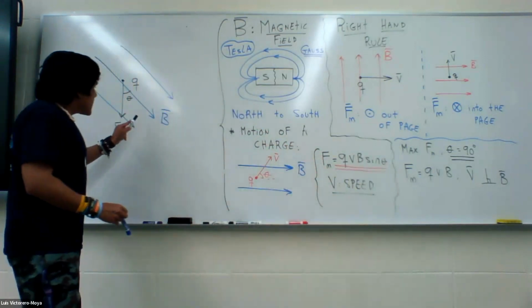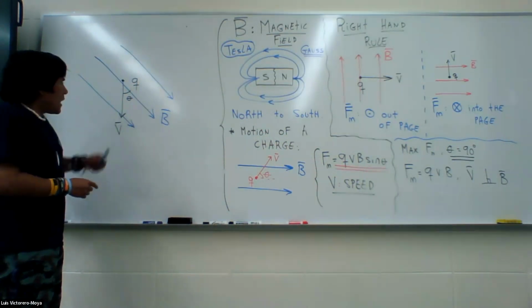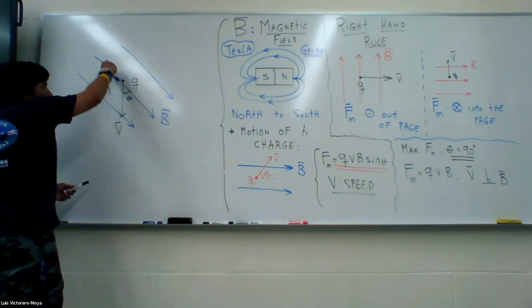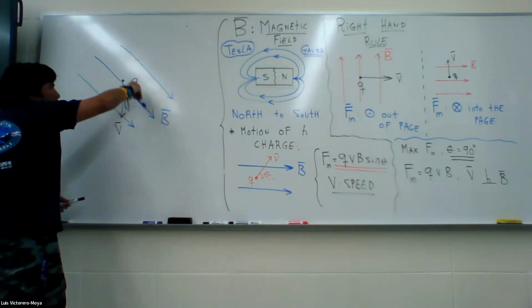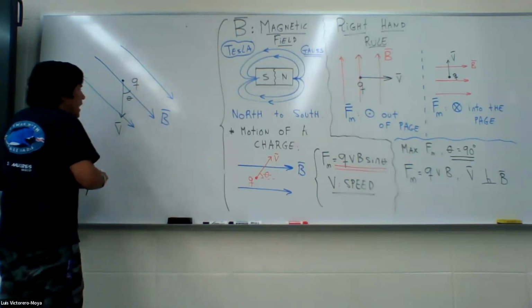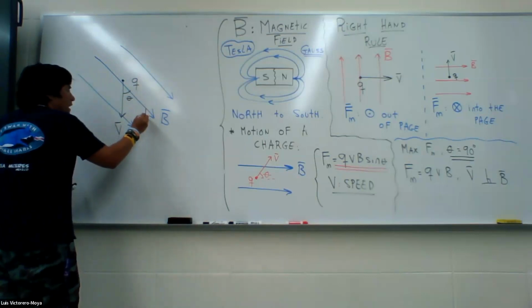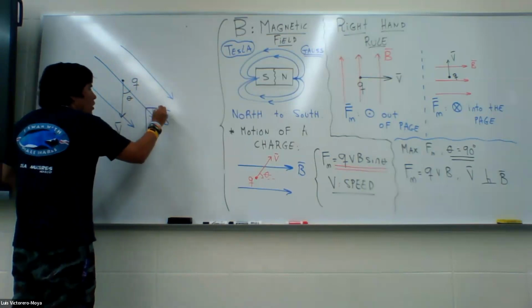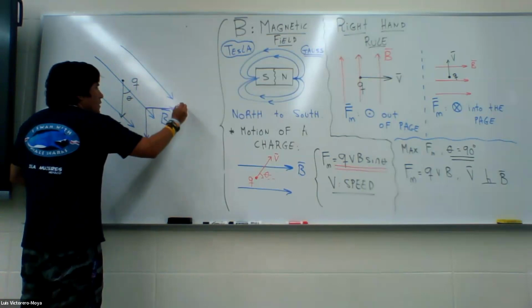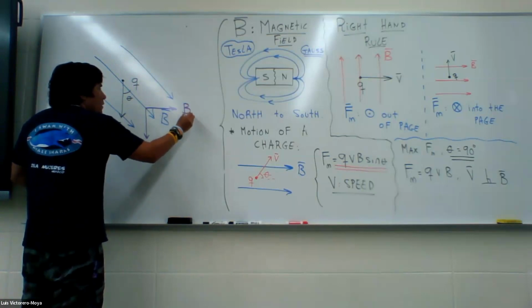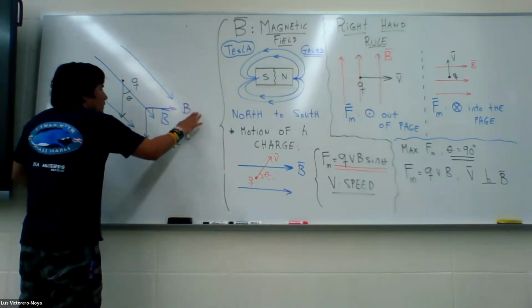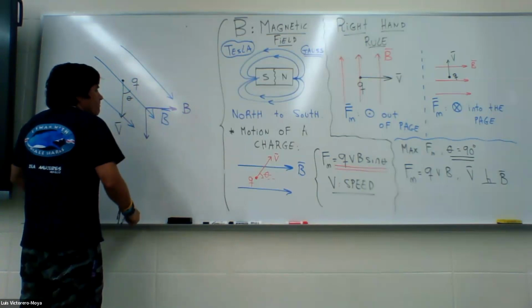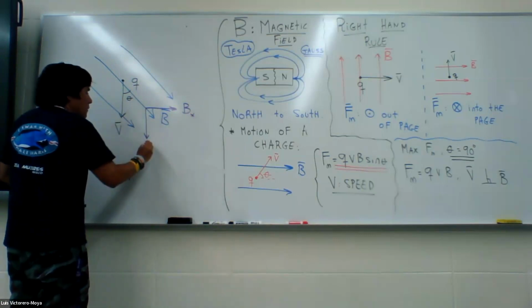So the way you can think about it, in this case, is that this B has two components. It has the vertical and it has the horizontal. You can put this Bx, By.